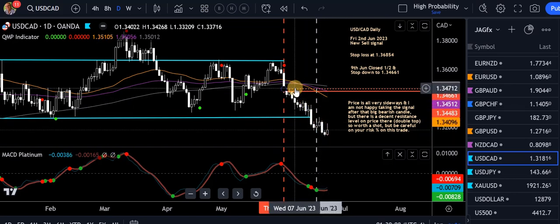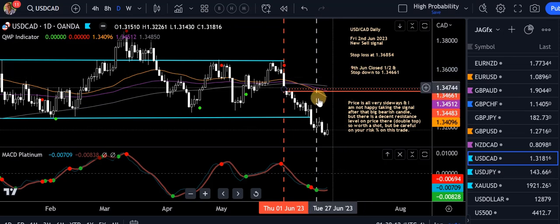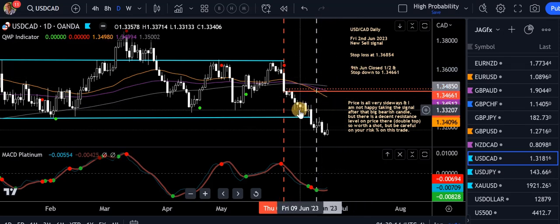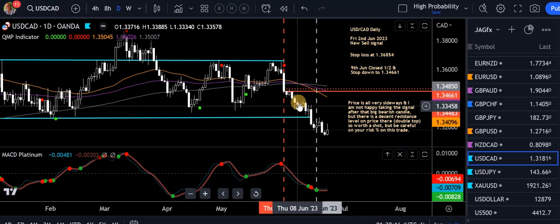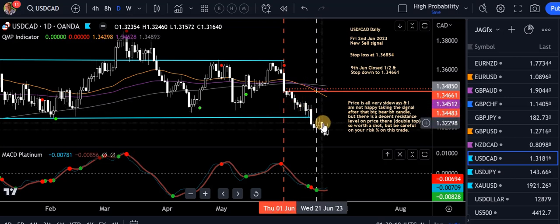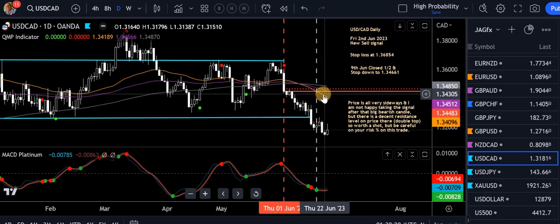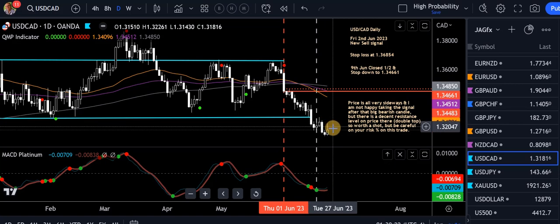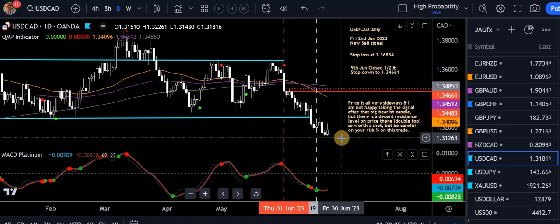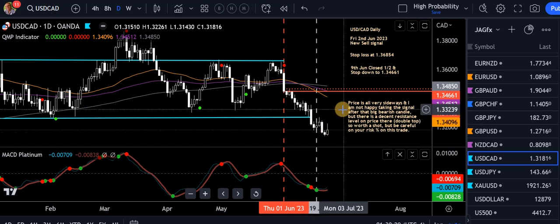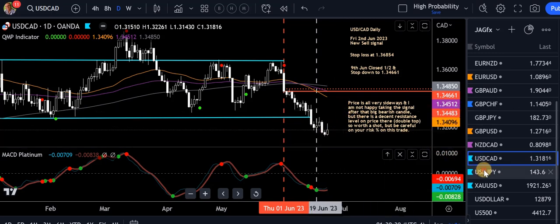Took the sell 2nd of June, still in it, closed half on the 9th of June, so probably in here somewhere. Closed half. So what we'll do is we'll look at dragging that stop right down tighter. There's no rush at the moment, as I can't see any huge candles going to stop me out anytime soon. So looking good on the USD CAD.